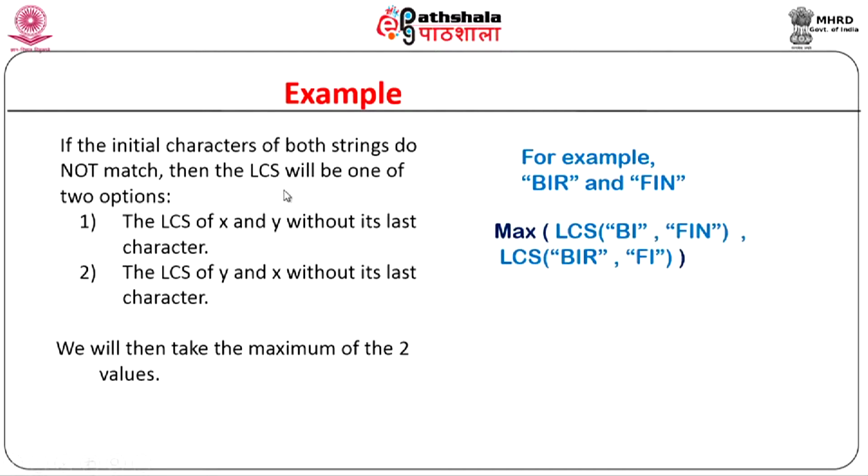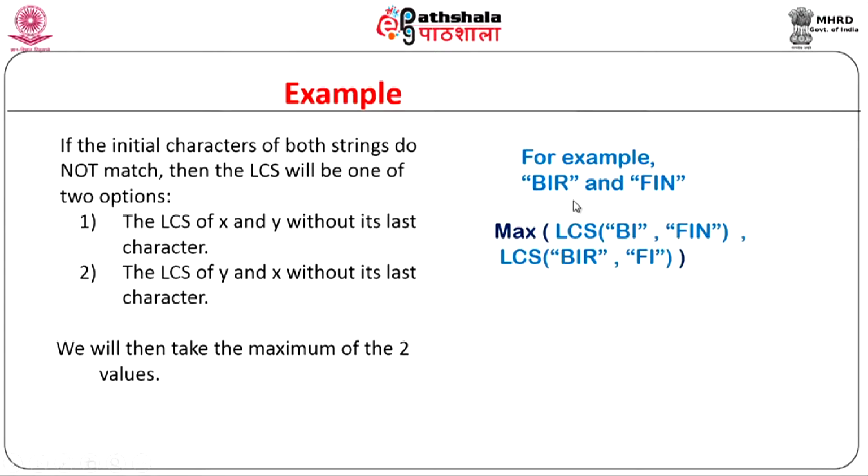Suppose the characters do not match, then the LCS can be either the LCS of x and y without its last character, or the LCS of y and x without its last character.